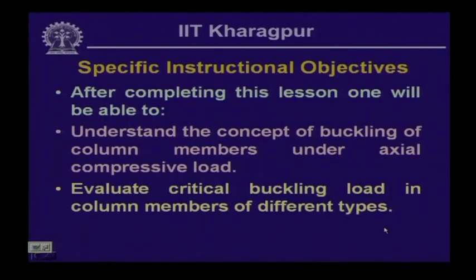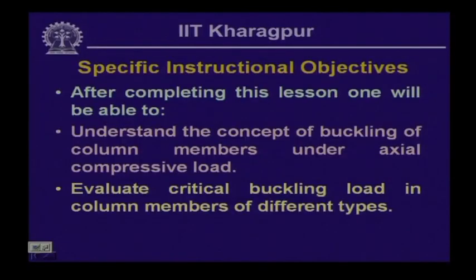It is expected that once this lesson is completed, one should be able to understand the concept of buckling of column members. We will define what we mean by column member, which member we term as column, and then we will look into certain characteristic features which we call buckling.